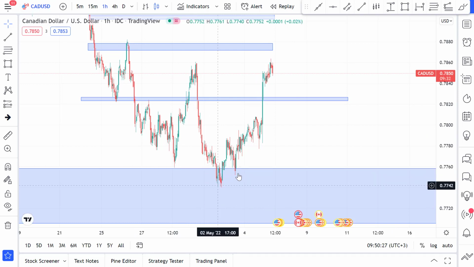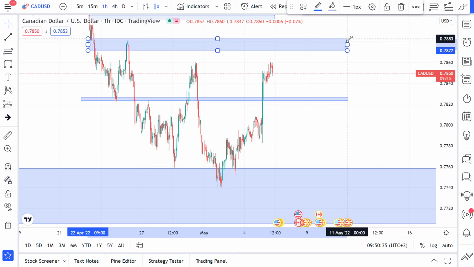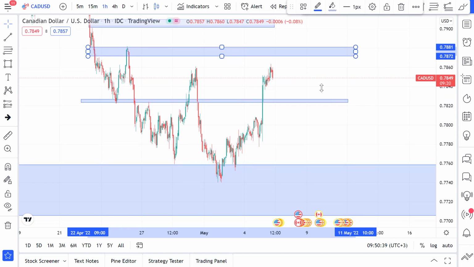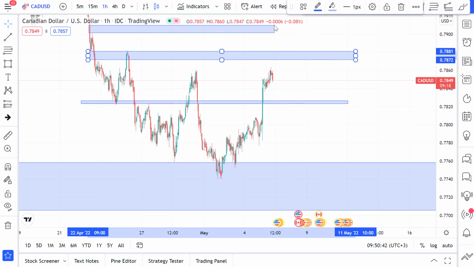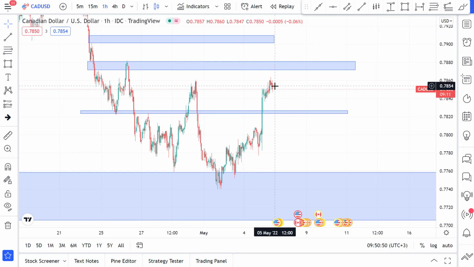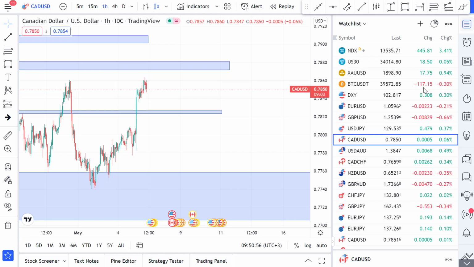We had a great reaction to this zone, and we might see it getting stronger. The first resistance on the way would be this zone I have told you. Nothing else to add. But if we have a weaker Canadian dollar, you can expect this line as a good support. That's it.